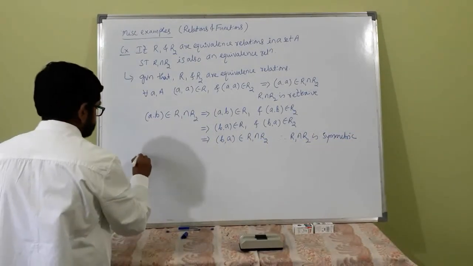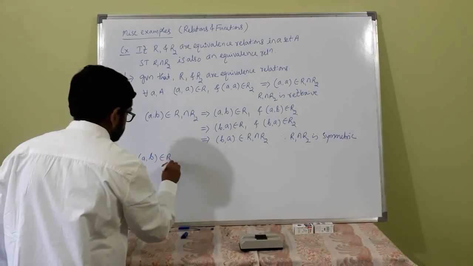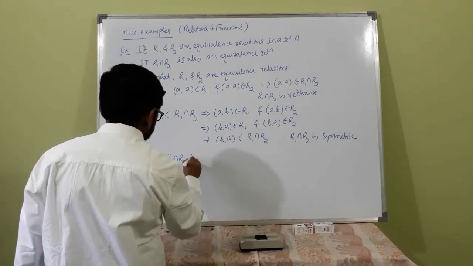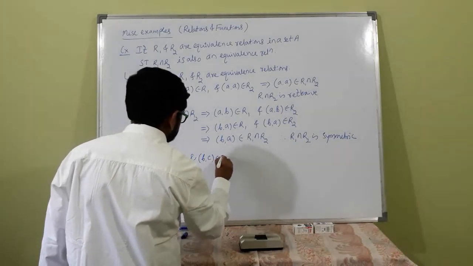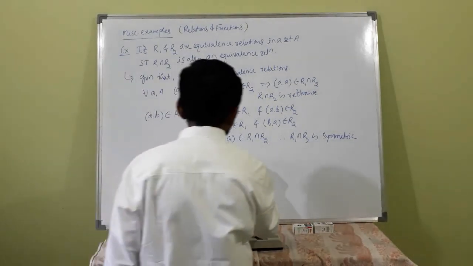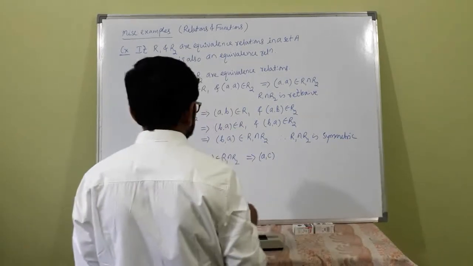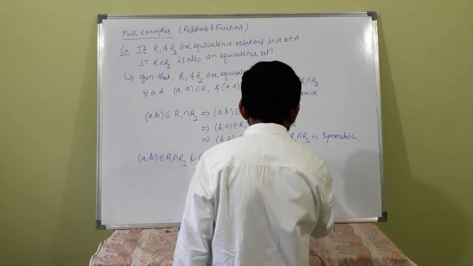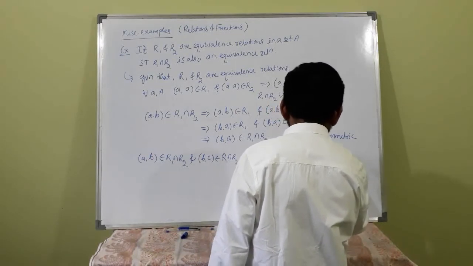Now, (a, b) belongs to R1 intersection R2 and (b, c) belongs to R1 intersection R2 implies (a, c) belongs to R1 and (a, c) belongs to R2.